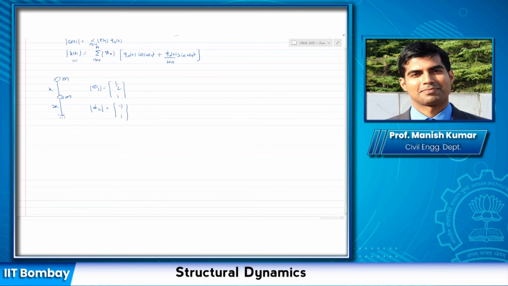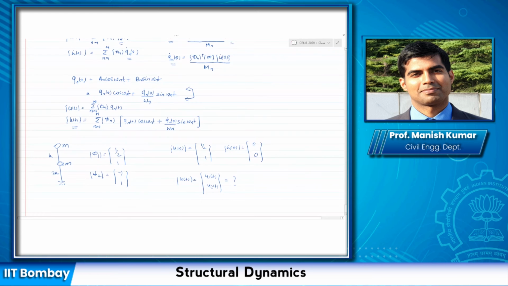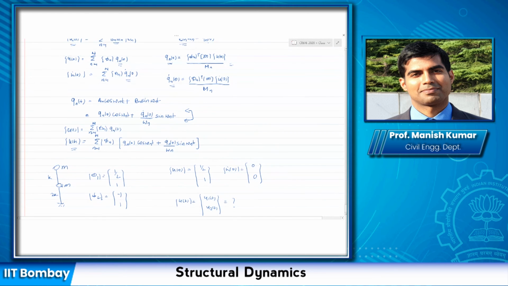Now, these are given initial displacement, which is represented by this displacement vector as 1 by 2 and 1, and 0 initial velocity, so there was no initial velocity. Can you find out what is my total response ut, which is basically u1 and u2 t, utilizing this expression that we have derived? Can you do that for me? Take 5 minutes and do that.